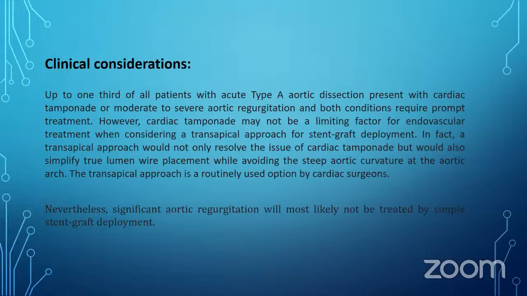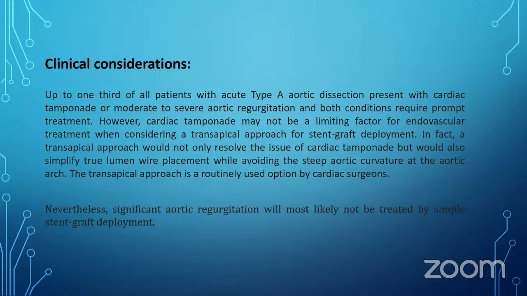Clinical consideration: up to 1/3 of all patients with acute type A aortic dissection present with cardiac tamponade or moderate to severe aortic regurgitation, and both conditions require prompt treatment. However, cardiac tamponade may not be a limiting factor for endovascular treatment when considering a transapical approach for stent graft deployment.